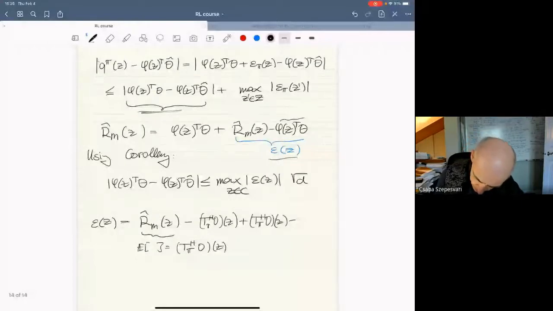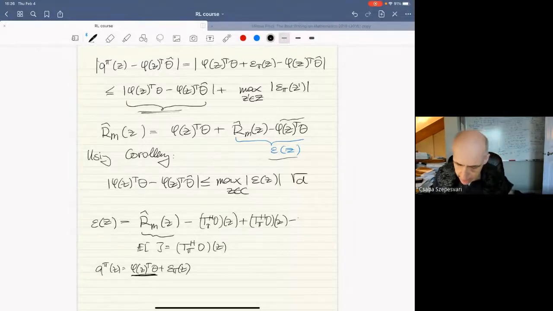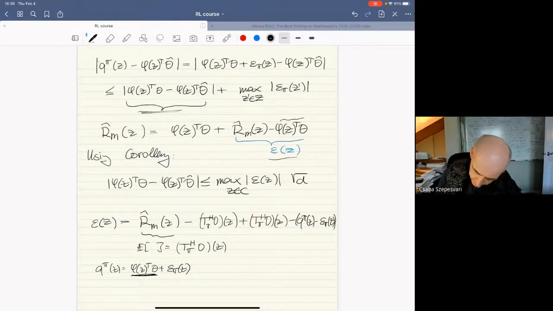So q pi at z is phi z transpose theta plus epsilon pi z. So from this, we get that phi z transpose theta is equal to q pi z minus epsilon of pi z, right?